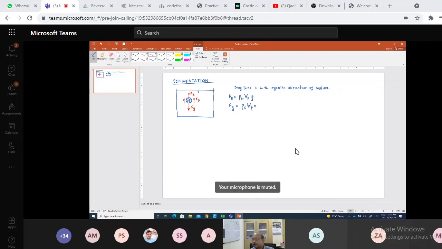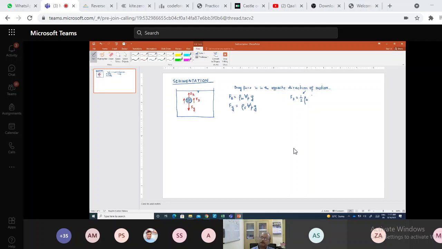Okay, and when we talk about the force due to drag, the drag force is given as: force of drag equals half of the density of the medium through which it is going, so rho W, and then we have the coefficient of drag, which is CD, and then the projected area of the particle, and then the velocity of the particle.